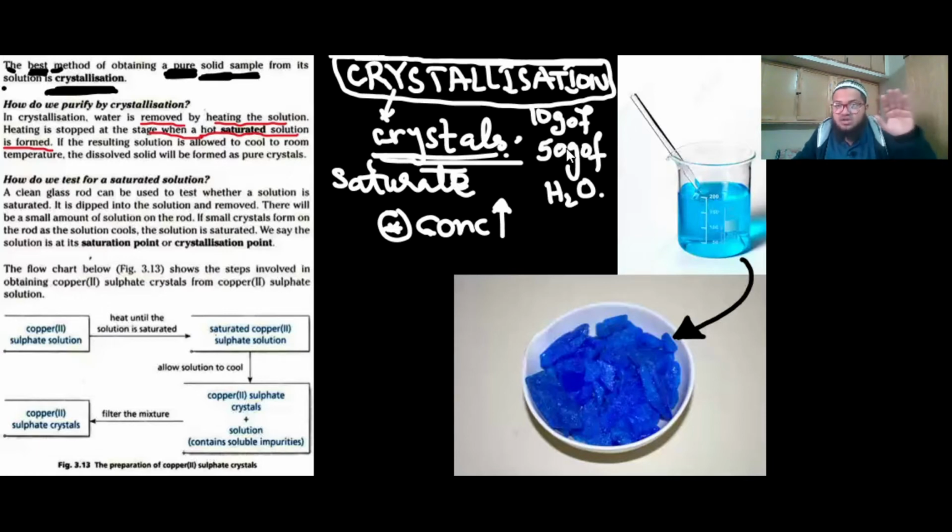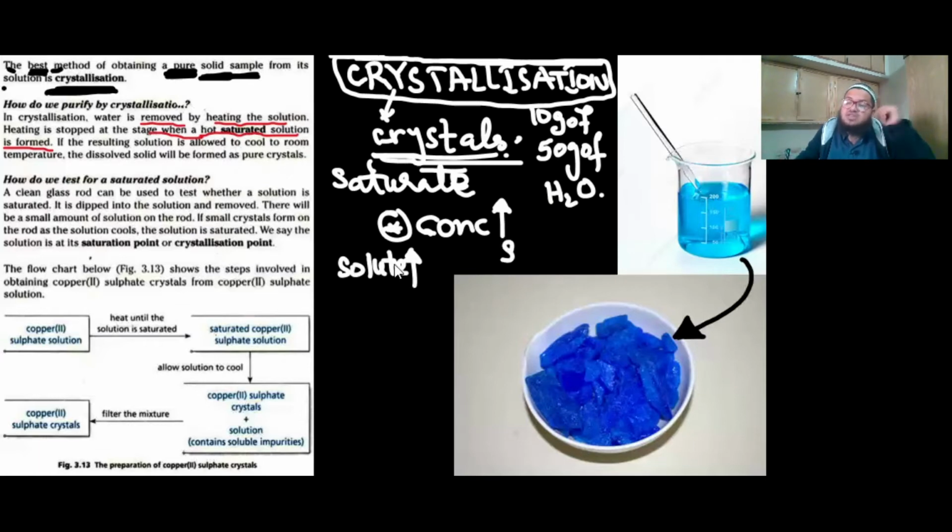That's what saturated means. You can saturate a solution by two methods. Number one, you increase the quantity of the solute, so its quantity will surpass the ability of the solvent to accommodate it, and we form a saturated solution. The second method is the one given here.